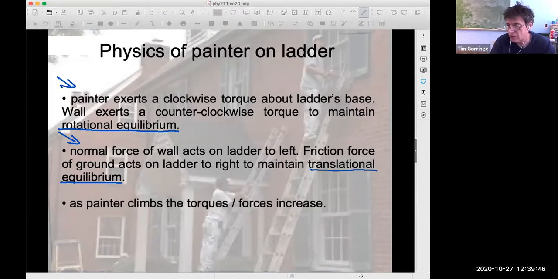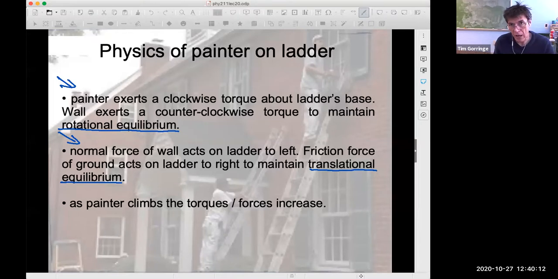Now, here's the most interesting point. As the painter climbs the ladder, these torques due to the wall and the painter actually grow. They increase. The forces exerted by the wall and the frictional force with the ground also increase.